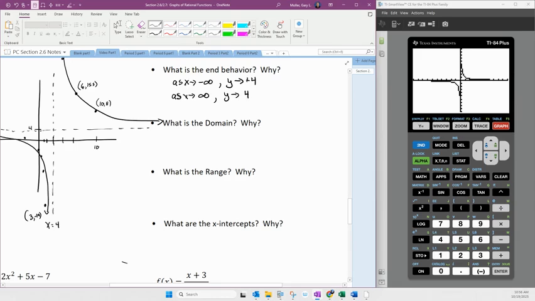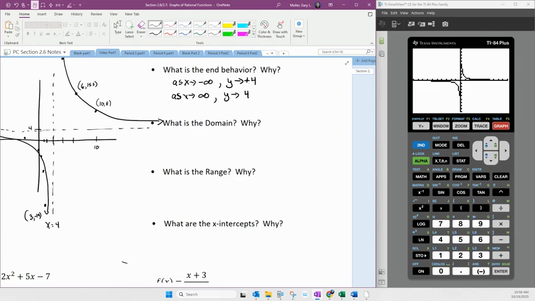Sorry, that should have been positive 4 up here. So we saw that they both go to 4. That tells us that our graph behaves just like the line y equals 4 eventually. Like if we graphed y equals 4 and we graphed this function and we looked at a window of negative a million to negative 2 million, what we would see is they look exactly the same thing.